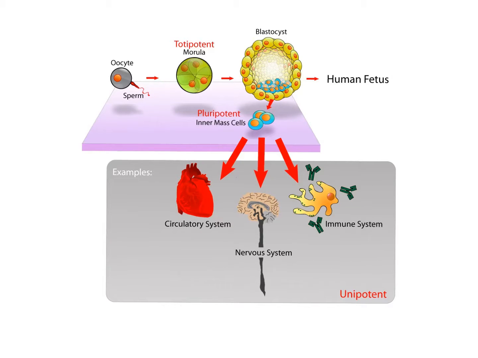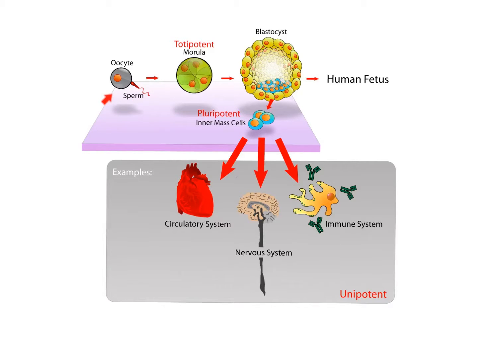Let's have a look at human development, and this is true for many animals, but this just serves as an example of how a single cell can develop into many different types of cells, which then can specialize to do particular functions. So let's have a look at this.